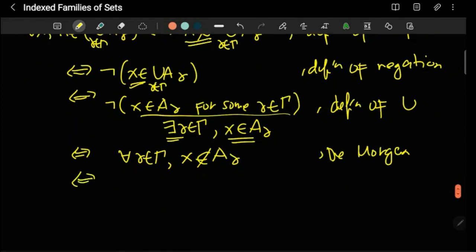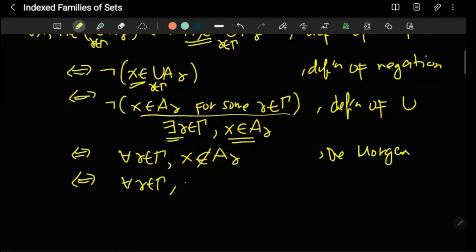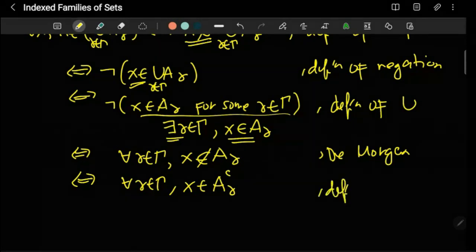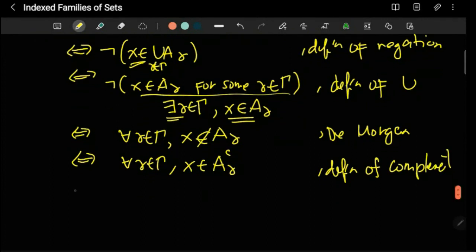Now, what does it mean that for all gamma, x is not in the set? Then for all gamma, x must be in the complement. Definition of complement. So if you're in the complement for all gamma, then you must be in the intersection of all these complements, for all gamma in the indexing set.